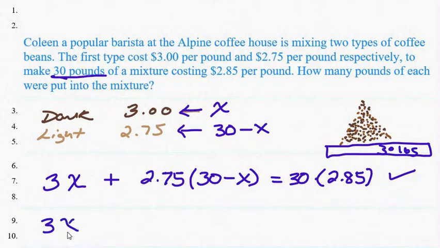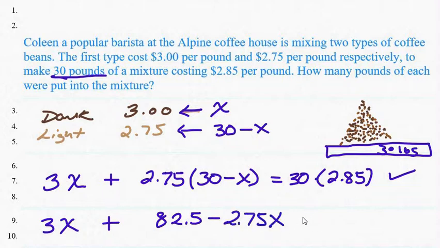We're going to have 3x plus 2.75 times 30, which is 82.5, minus 2.75x, is equal to, and 30 times $2.85 should come to 85.50.